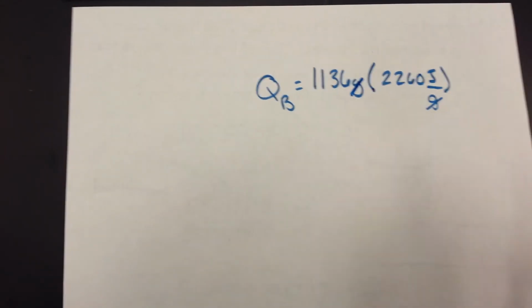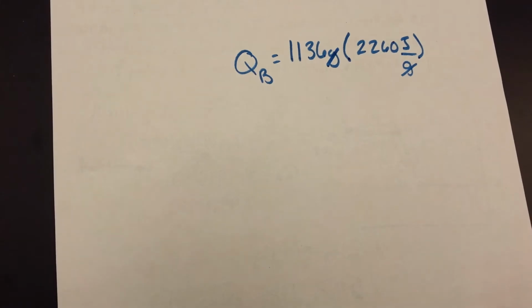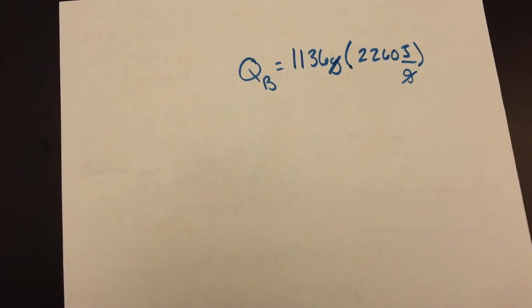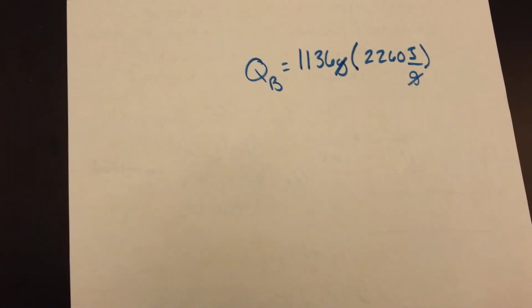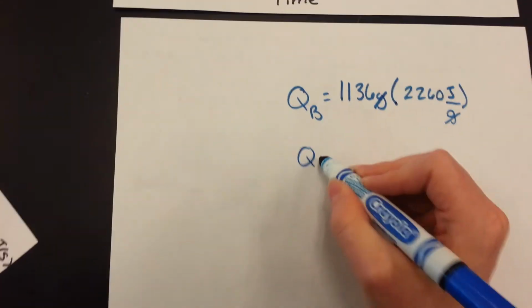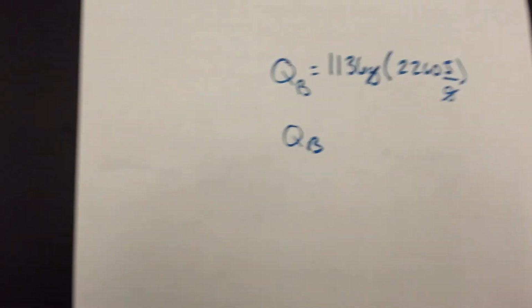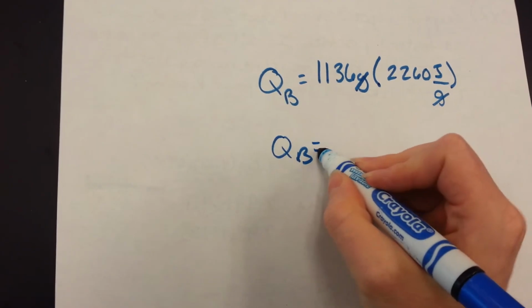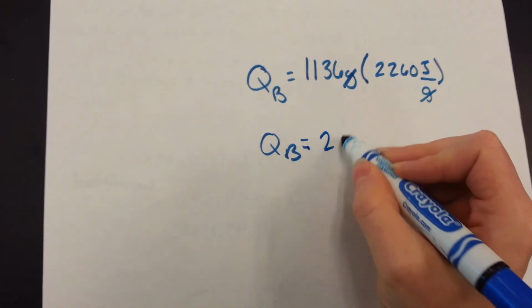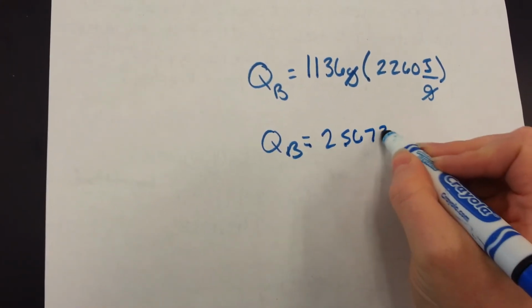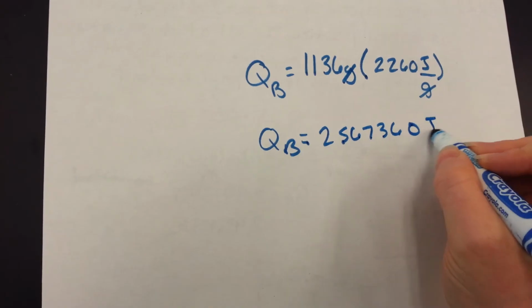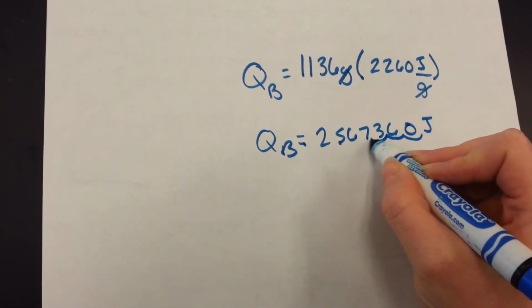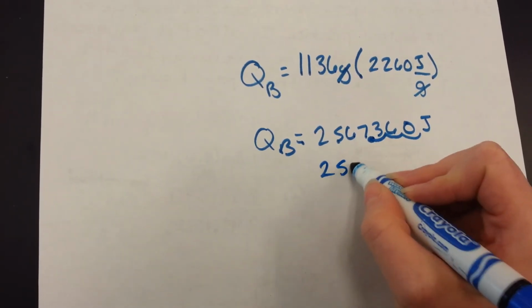Remember, your grams divide out, and you just multiply. And that comes out for your Q_B to a whole lot. Change that to kilojoules, and you know what? It's still a whole lot.